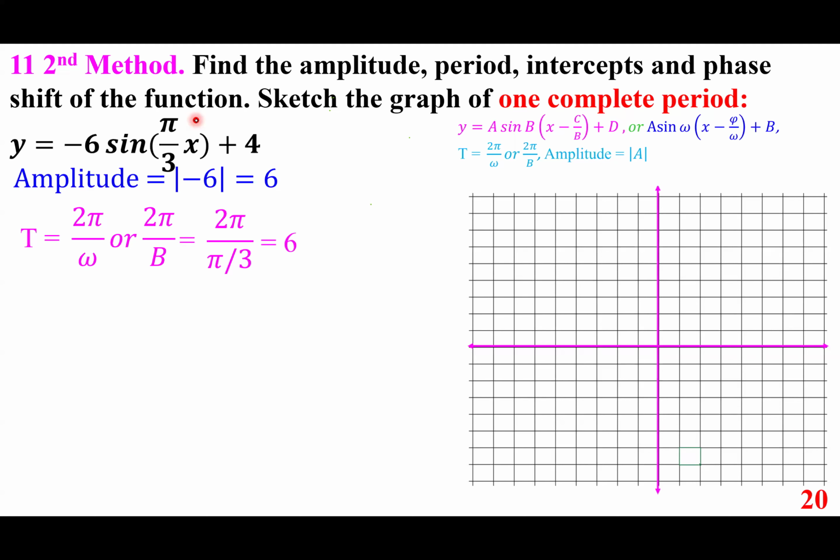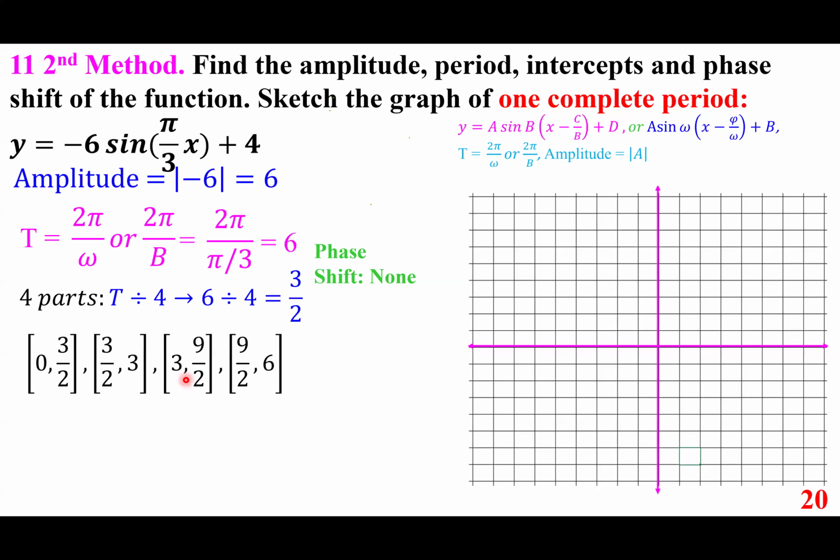No phase shift, as before, because there's nothing sitting next to that. We cut the period of 6 into 4 parts. By the way, the amplitude and the period happen to be the same. We divide by 4, we get 3 halves, and we get those 4 parts. So basically, I'm repeating what we saw in the previous part, so this shouldn't be a big deal yet.